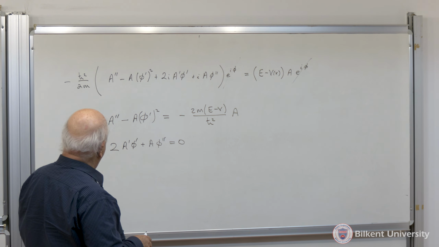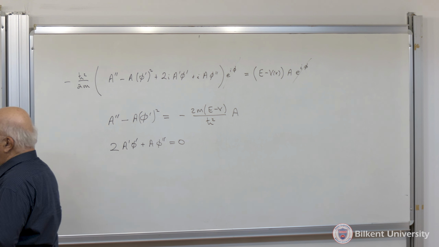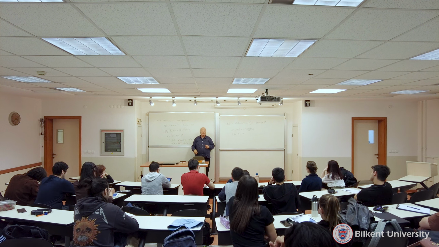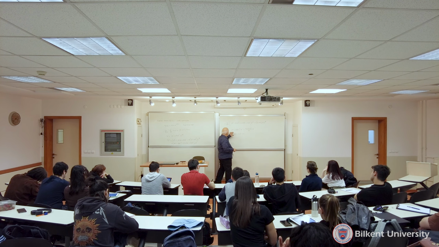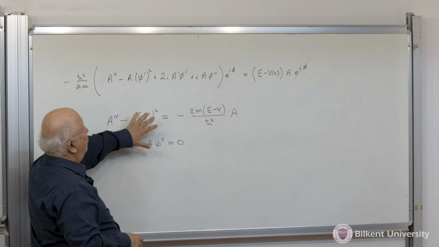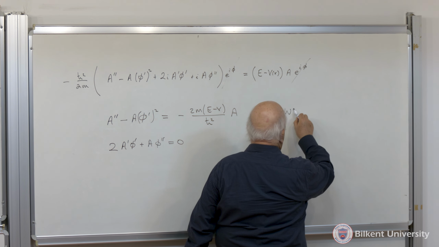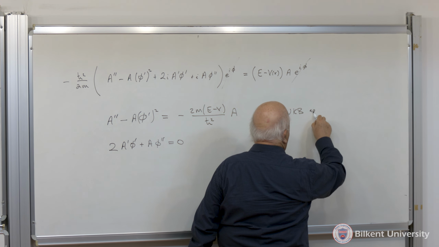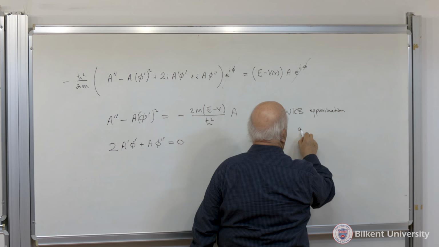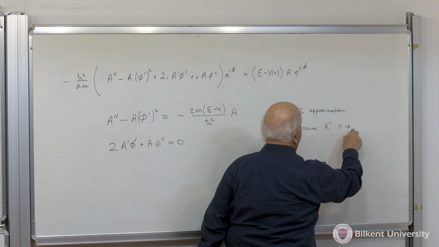Okay, so the WKB approximation that we are going to do, remember this A is something like the amplitude of some oscillating function. What I'll assume is that this A double prime is much less than this term and that term. Mathematically, assume that this A double prime is very small.